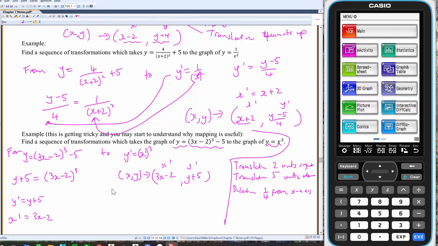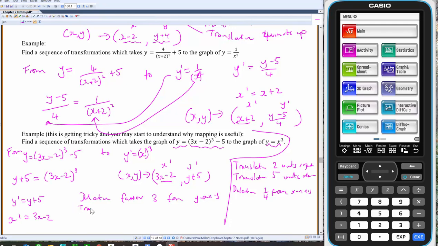All right, let's state the transformations. Let's address x first. It's a dilation factor 3 from y axis. That's that multiplied by 3. So multiplying the x value by a factor of 3 is a dilation from y.